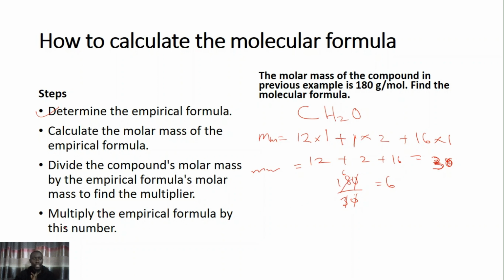Now, the next step is to multiply the empirical formula by this number. So we are going to multiply the empirical formula, CH2O, times 6. This will become 1 times 6, and here 1 times 6.